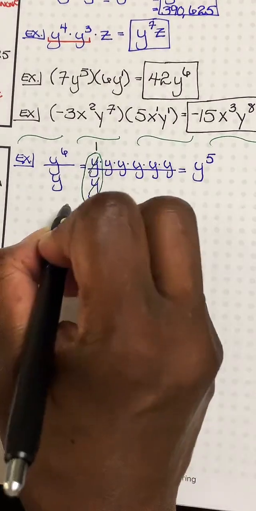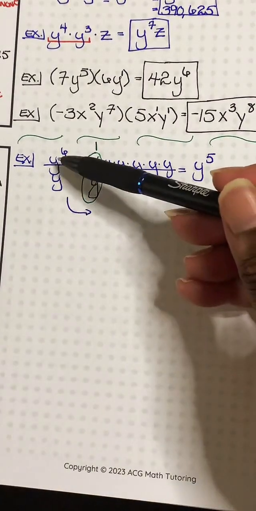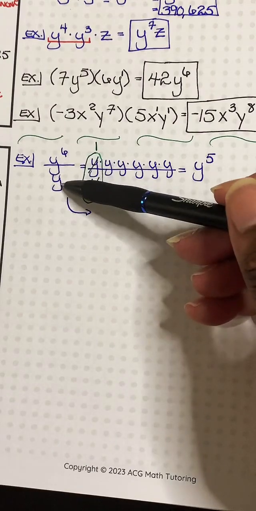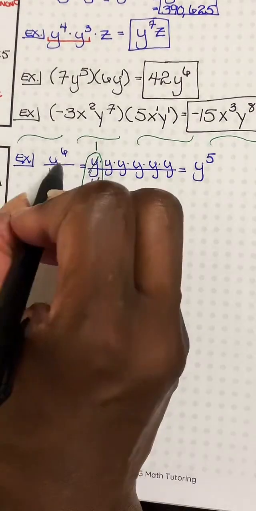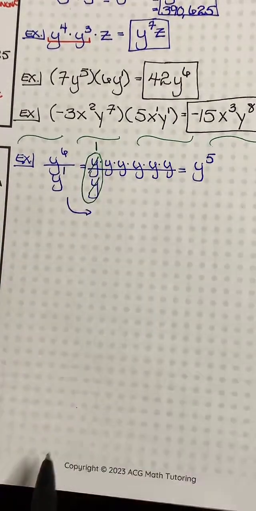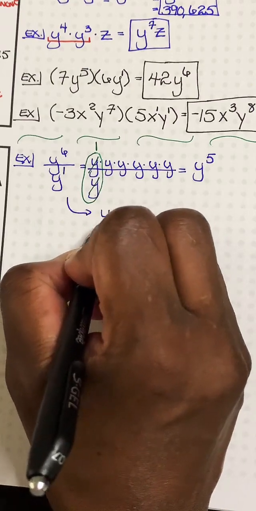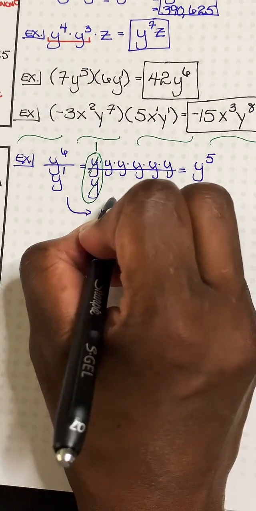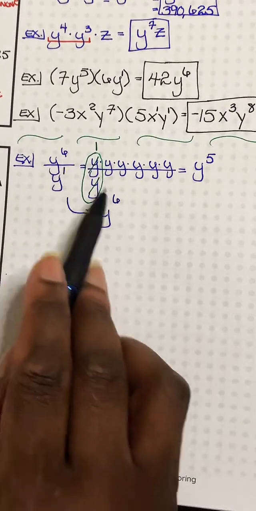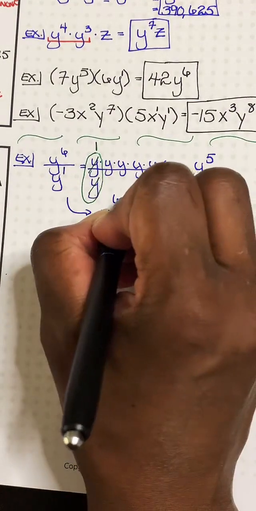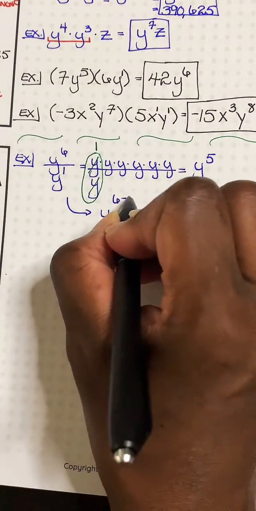But this is what the property is saying. When they have the same bases, and remember, if we don't see an exponent, we assume it's a 1. So that means we really have that base of y, and we're taking the numerator's exponent, which is 6, and subtracting it from the denominator's exponent, which is 1.